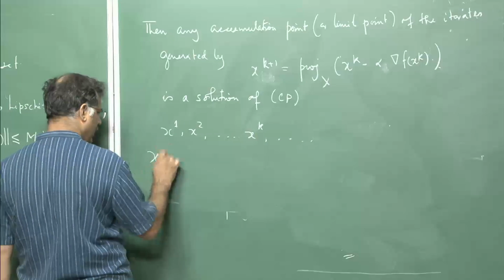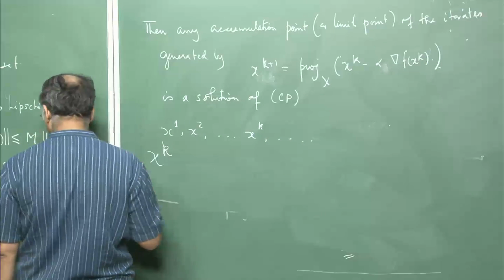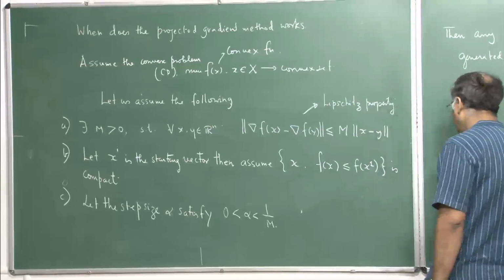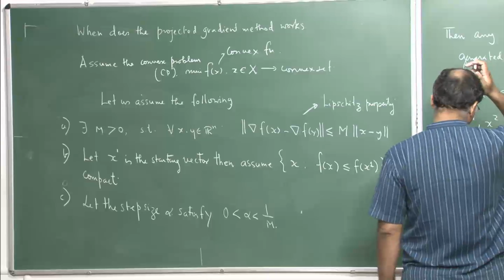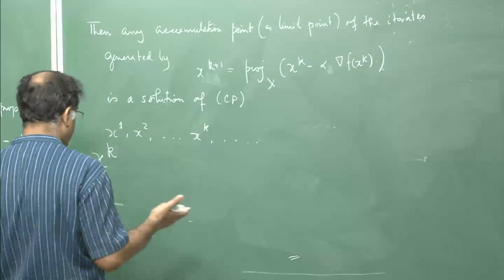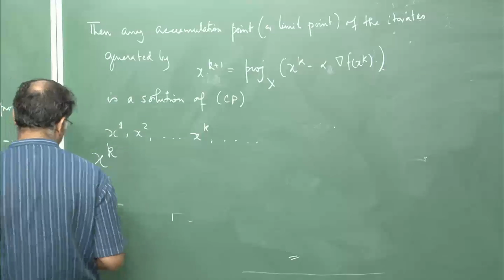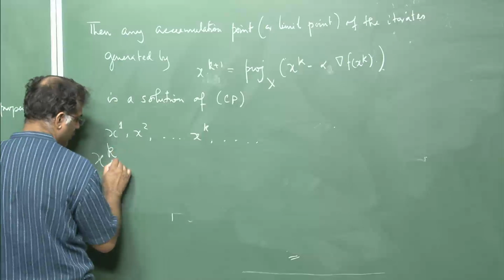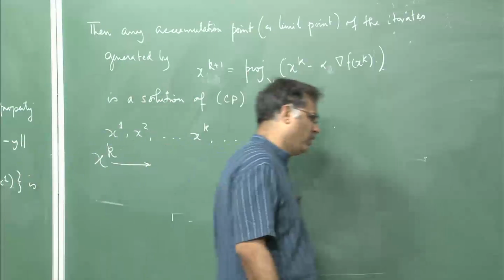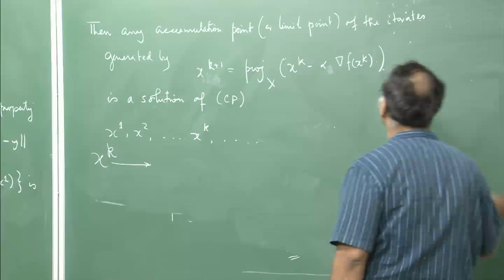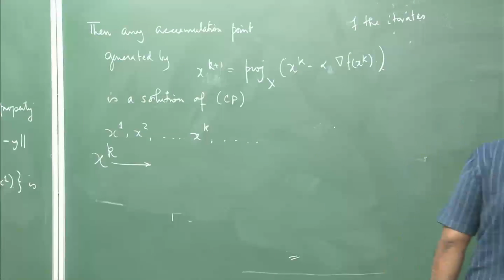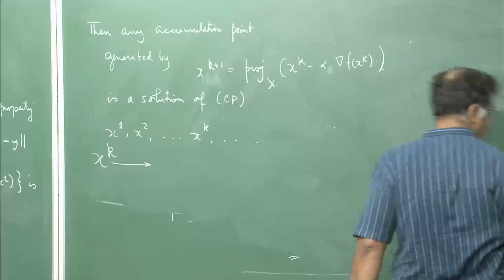So, this sequence xk actually lies here, because it is a compact set and it will be a bounded sequence. In a compact set every sequence has a convergent subsequence. So, there will be an accumulation point, or a limit point. Just forget about this word limit point, the limit may not exist. If the limit exists, then it is a limit point, if not, an accumulation point.